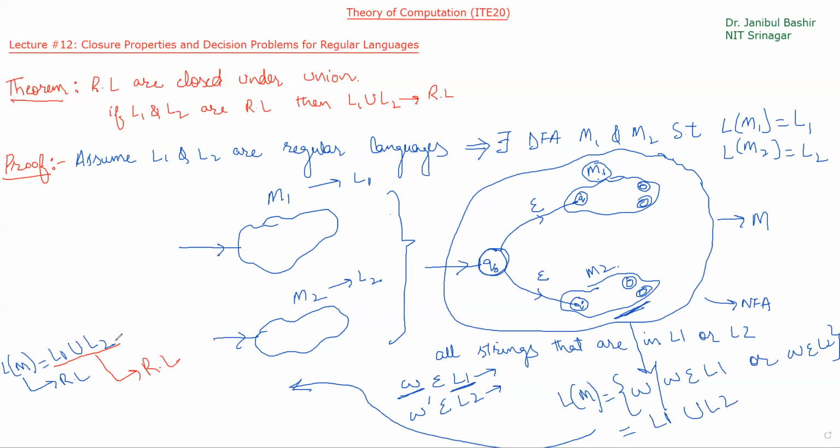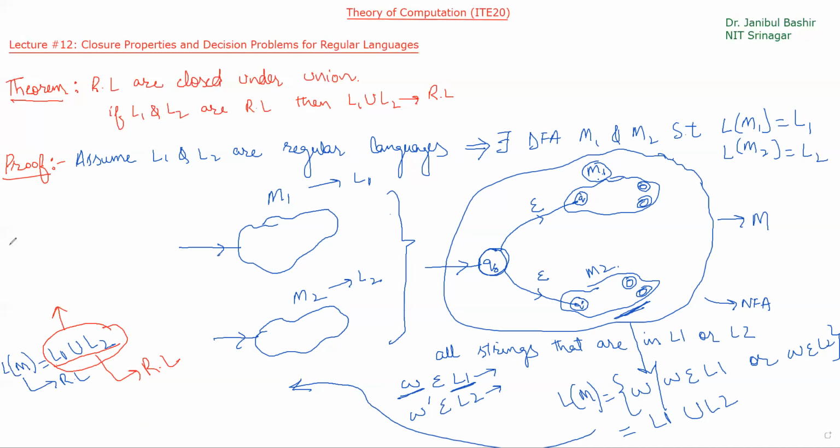And why is it a regular language? Because if we have DFAs for these two languages, then we can create an NFA that will accept this language. And if we have an NFA, that means this language is a regular language.